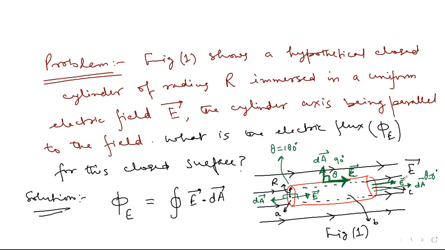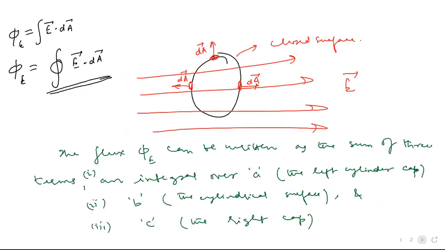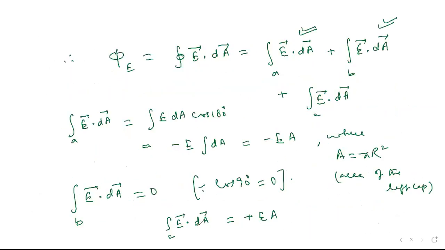So E dot dA is just E dA. Then we take E outside the integral, as we have done in this part. But only one thing differs here: there we had cos 180, in this case we have cos 0. Cos 0 is 1. It becomes EA. A is the area of the right hand cap. So for the right hand cap, we have the flux equal to plus EA.